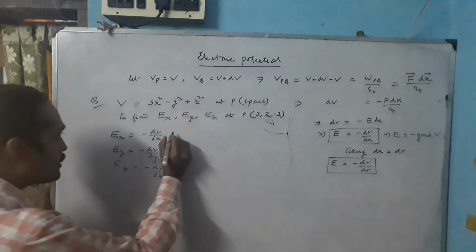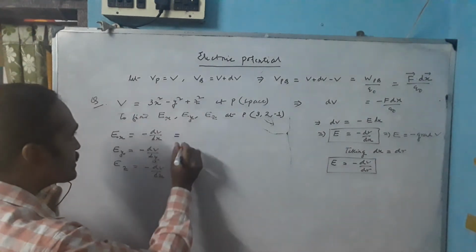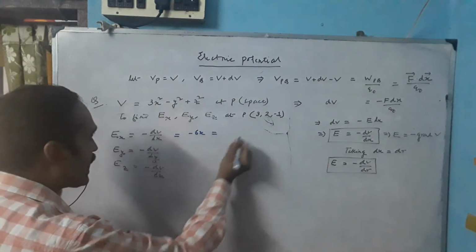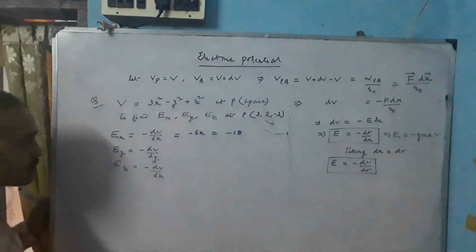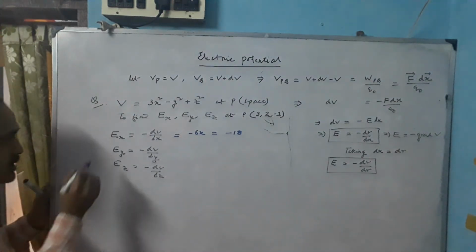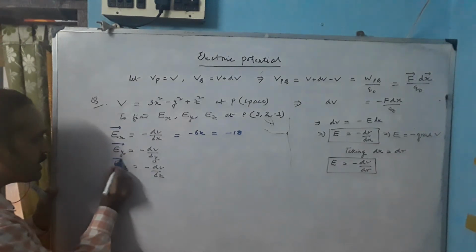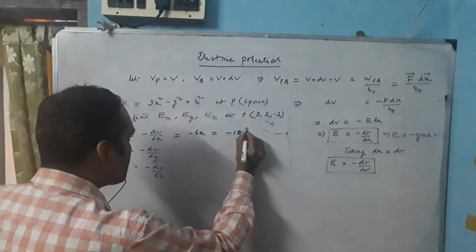Now let us differentiate V with respect to x. We will get minus of 6x, and put the x coordinate. Since electric fields are vector quantities, I need to put a unit vector.